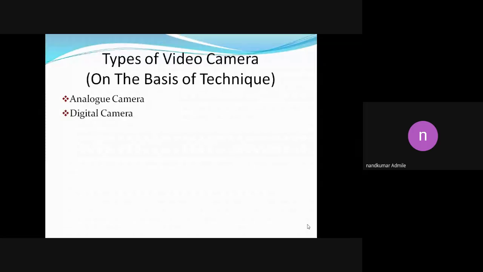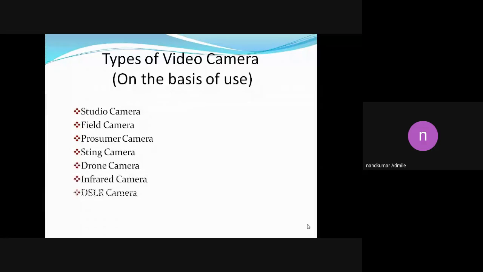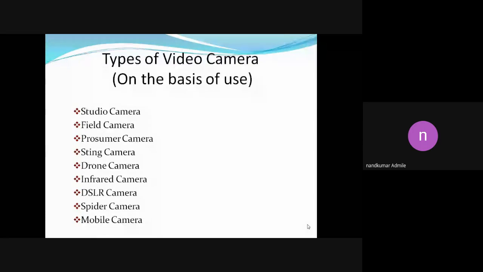Okay, so we need to understand, if we use the various cameras, we have to know the various types of video cameras. Which type of video cameras can we use nowadays? So here is the list of various video cameras.